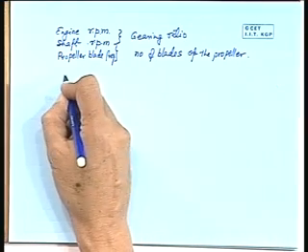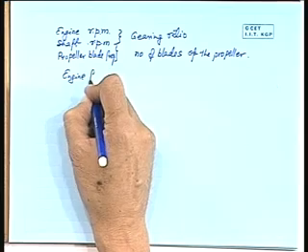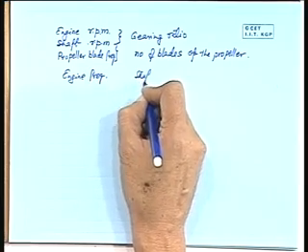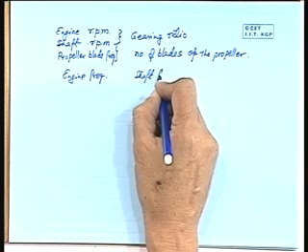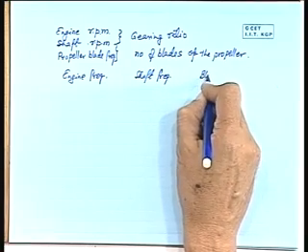So, accordingly we say engine frequency, this is one of the exciting frequencies, shaft frequency, this is the second excitation, and third is the blade frequency.